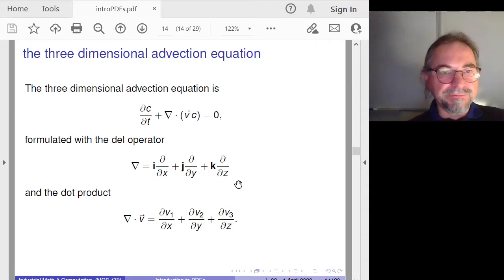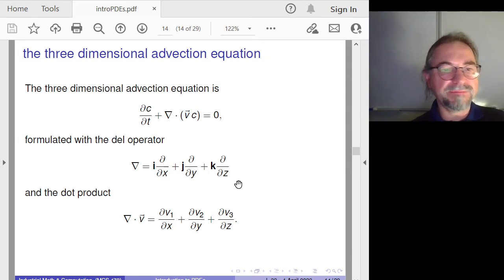The derivative with respect to t remains the same. What is different is that instead of the derivative with respect to x, we have the del operator that is dotted with the velocity vector.